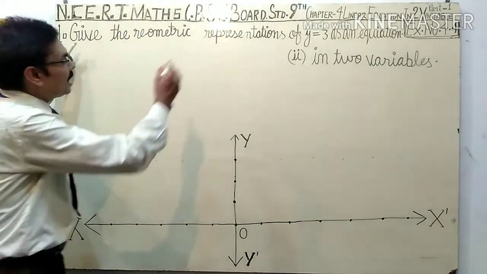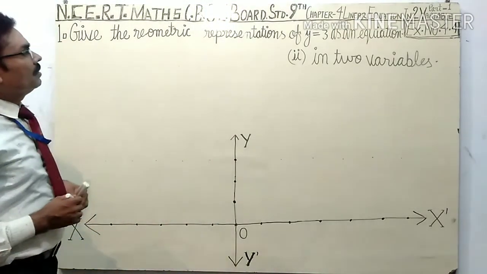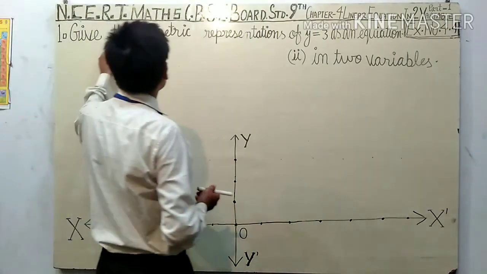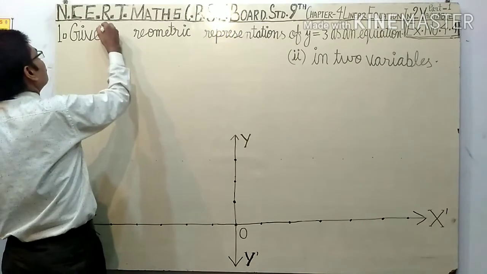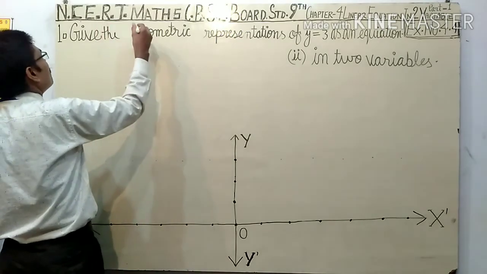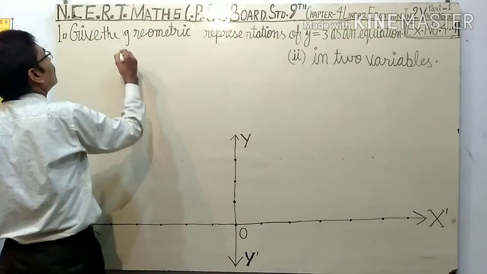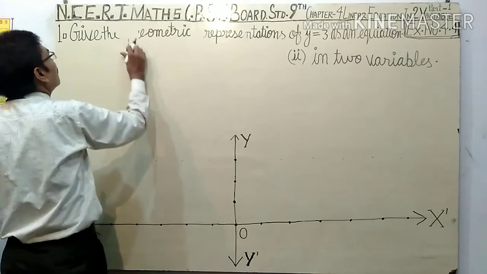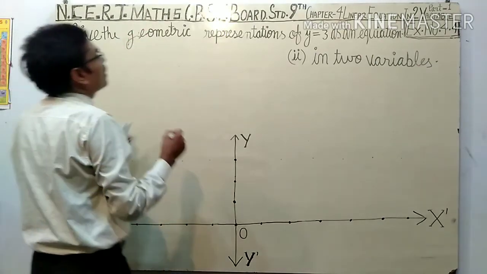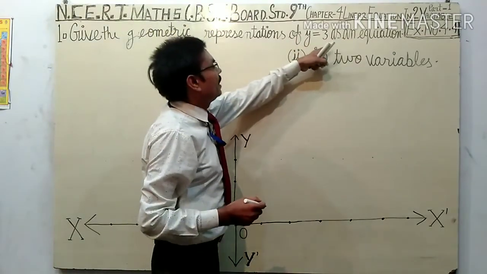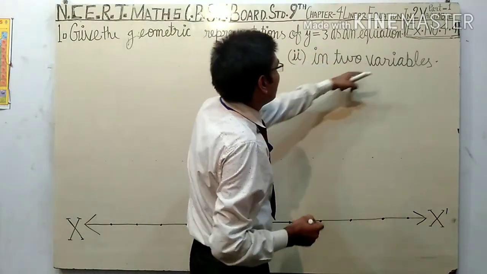Now the second part of the question: give the geometric representation of y equal 3 as an equation in two variables.